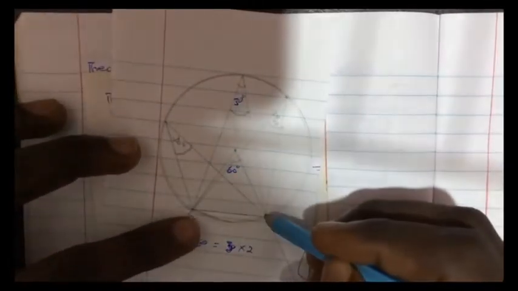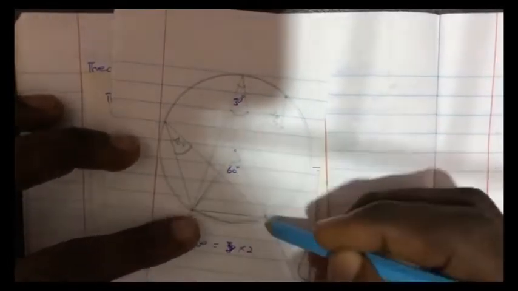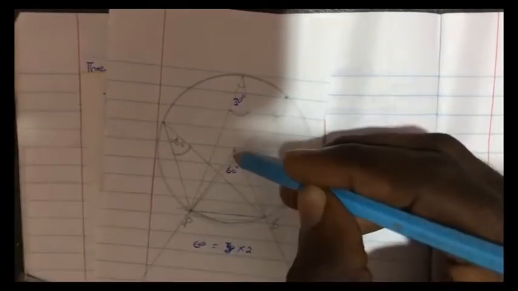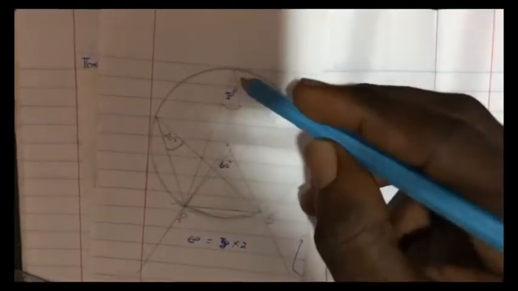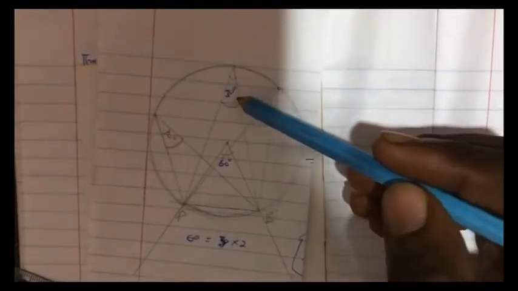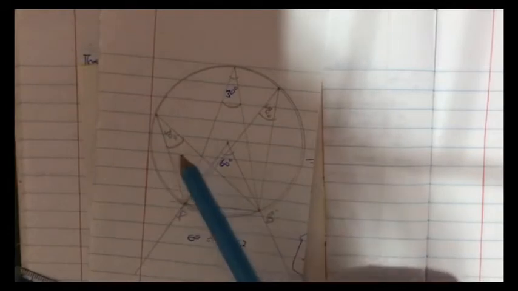We saw that this arc gave an angle at the center, and the angle at the center was twice that at the circumference. We drew as many points on the circumference, and this was 30, that was 30. I told you that we could also see that these angles were equal, and this is similar.